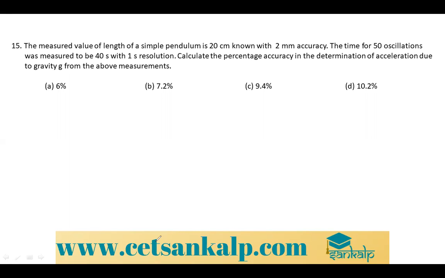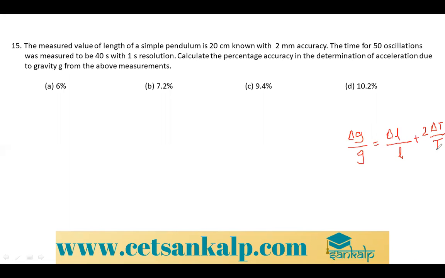We have already done this kind of problem. The formula is very important. We found the formula using the time period: delta G by G is equal to delta L divided by L plus 2 into delta T divided by T.